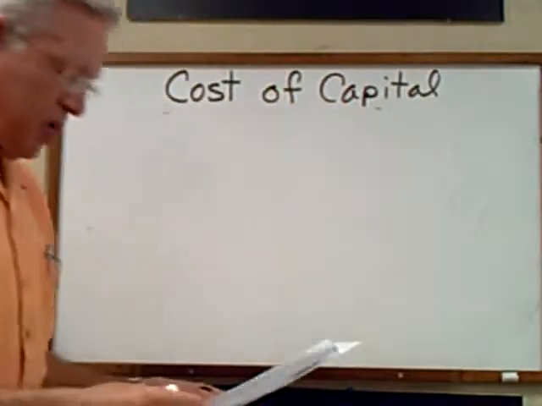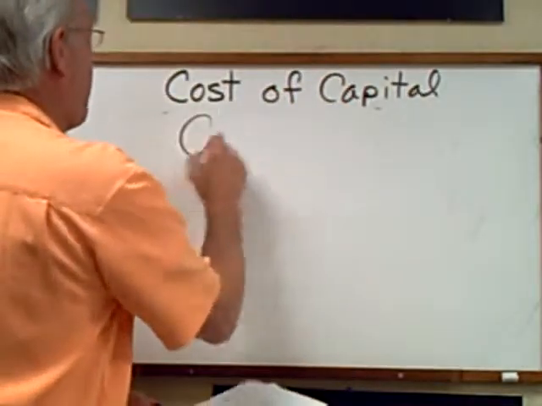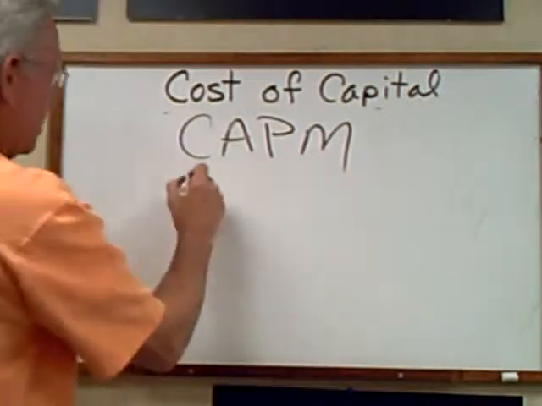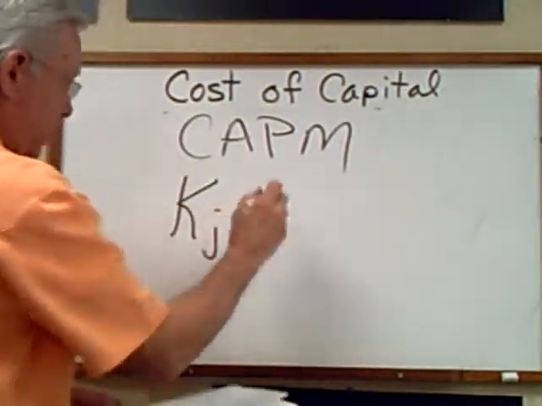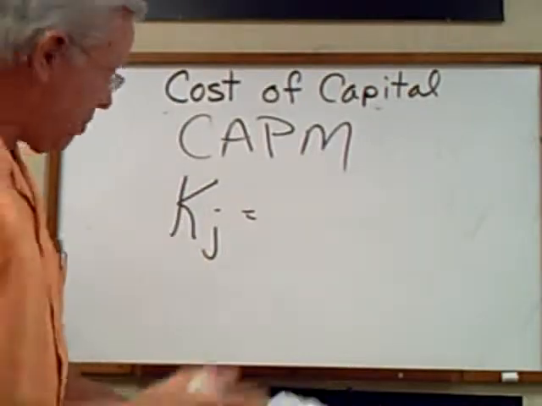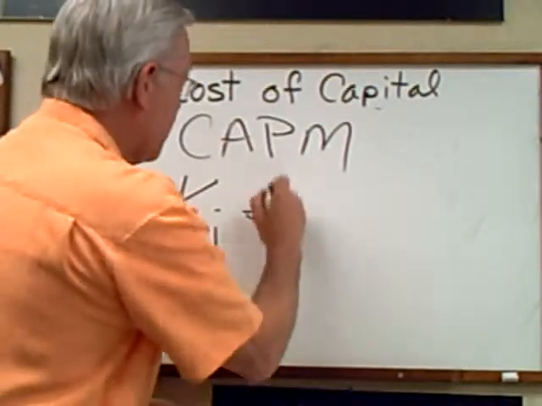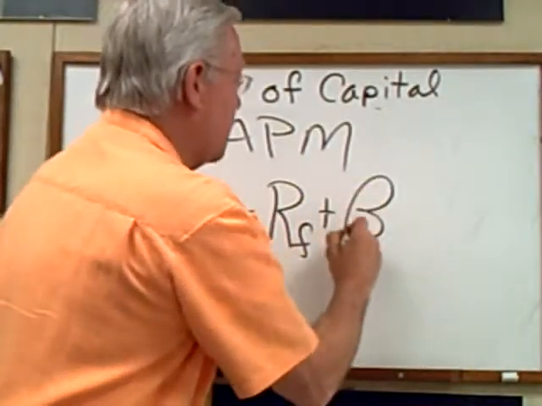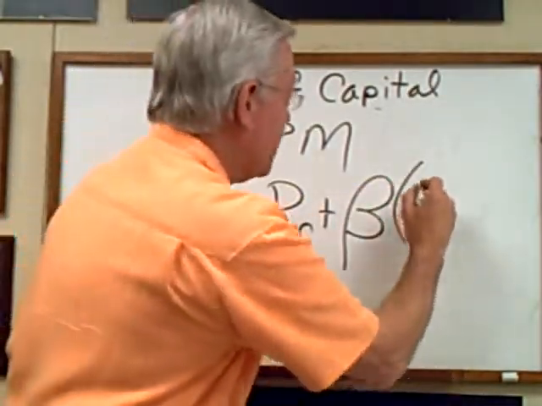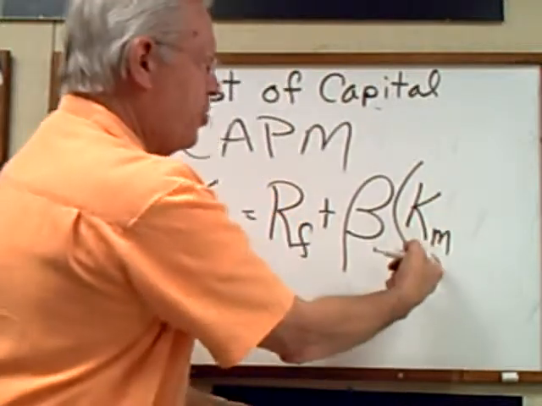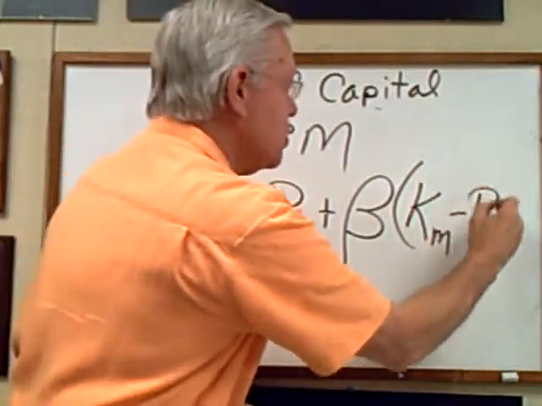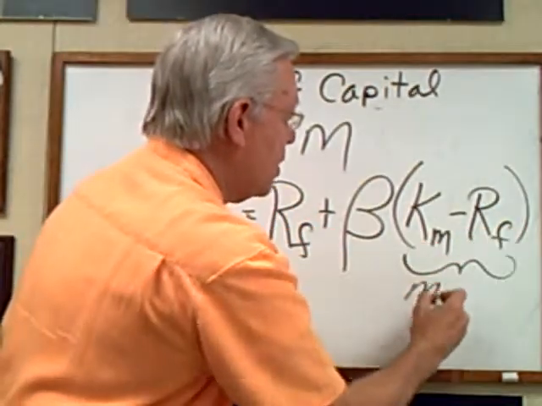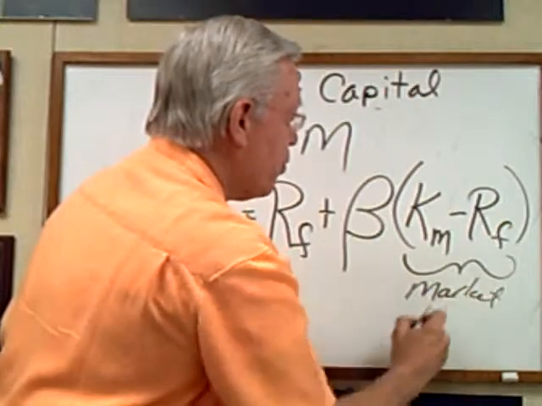But let's think about this thing called CAPM. Now, you see the equation here. K sub J, is the symbology used in your book, equals some risk-free rate plus beta times the return of the market minus the risk-free rate. Now, this is what we call the market premium.